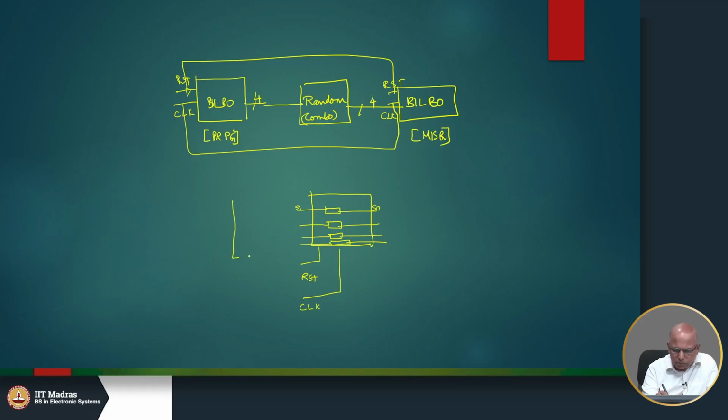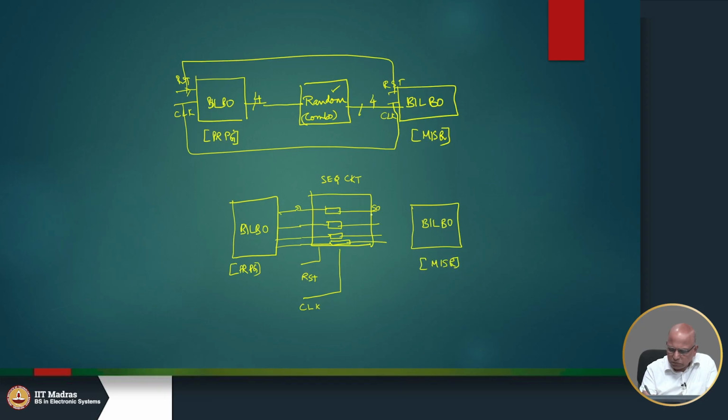So, we could take our BILBO here, configure it as PRPG, and the outputs can go as scan inputs to the sequential circuit. So, this is a sequential circuit, whereas here it was a combinational circuit, and I can have another BILBO configured as a MISR.